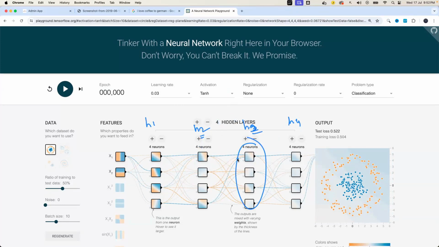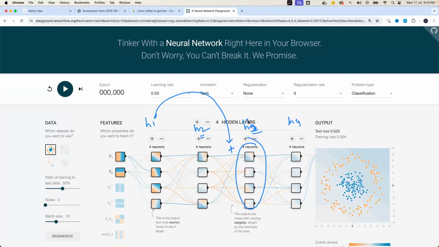Now, when I'm getting the data from H2, there is a very high chance that I might lose the information from H1, or the information can be reduced from H1 as well. In such a scenario, I would go ahead and concatenate, or maybe add this to the output of H2, so that we can ensure that the information from H1 is also carried to the future layers as well.